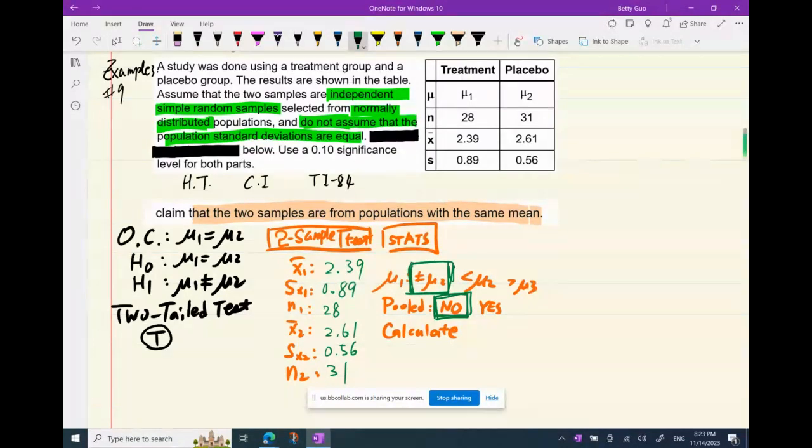X sub 2, 2.61, 0.56, and this is 31. So select and confirm the two-tail test, and no pool is the default. So calculate.